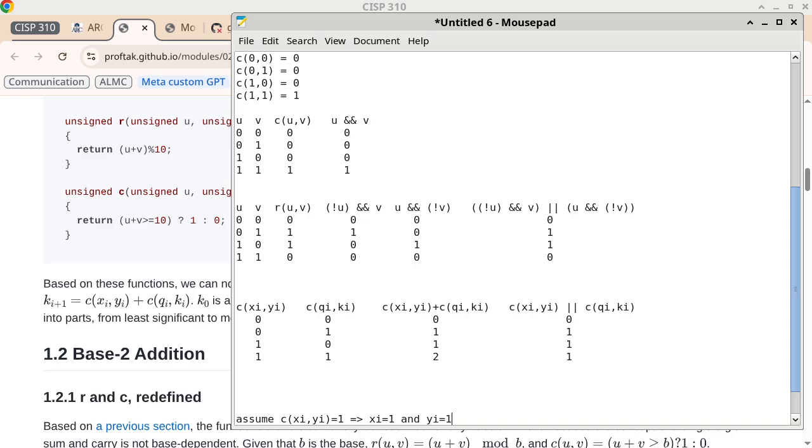So if I tell you that we assume C of XI, YI is a 1, it automatically implies XI is a 1, YI is also a 1. Does that make sense? Are we good? Okay, so let's go ahead and perform more implications. And this implies Q of I is what?